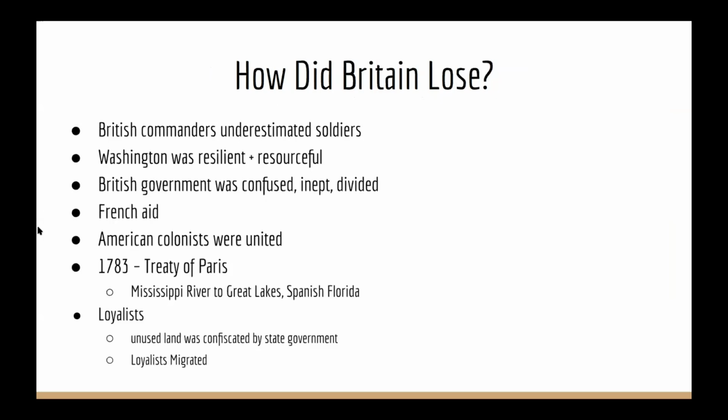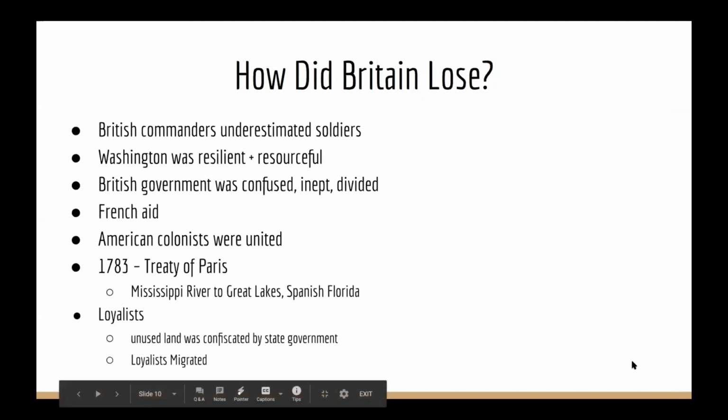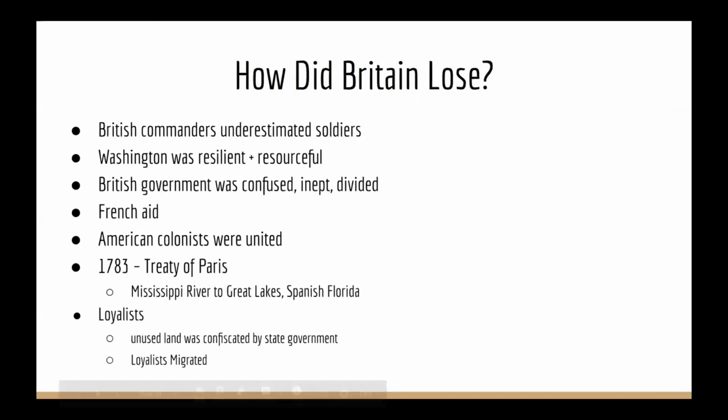So the American Revolution happened, and then Britain obviously lost and America was its own country. So the question is, why did Britain lose? Many historians have said that the British commanders really underestimated American soldiers.